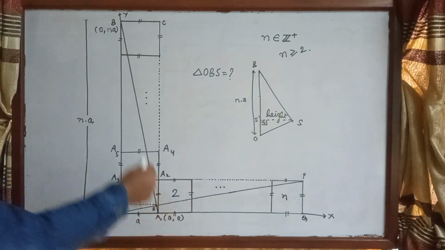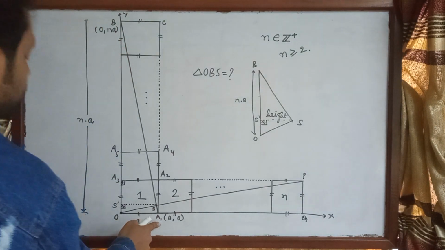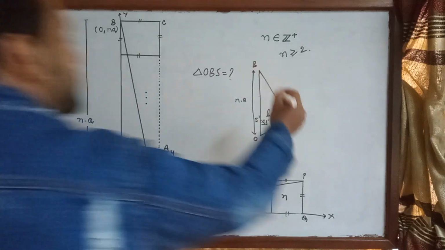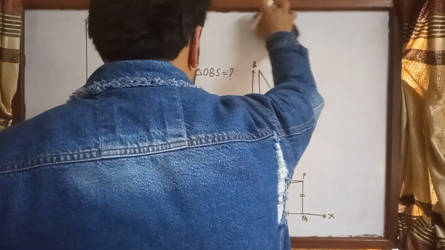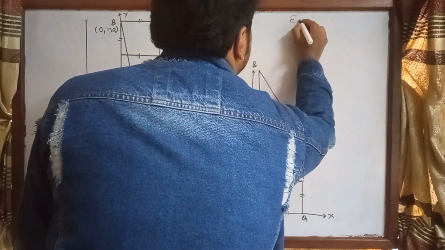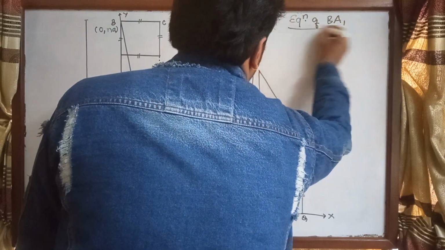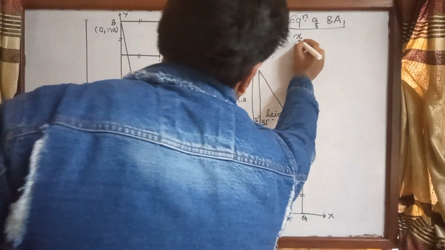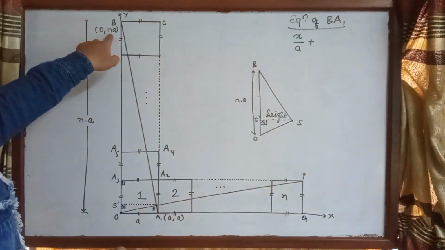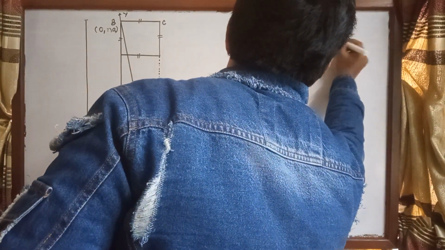So A is the x-intercept, nA is the y-intercept, so the equation of BA1 is x over the x-intercept, which is a, plus y over the y-intercept, which is na, equals 1.